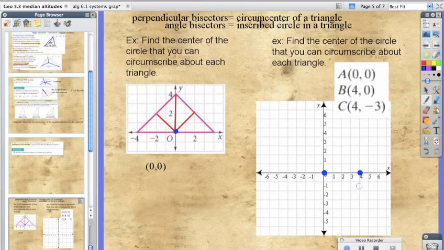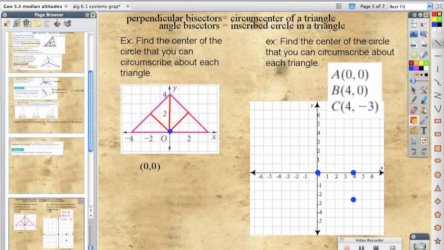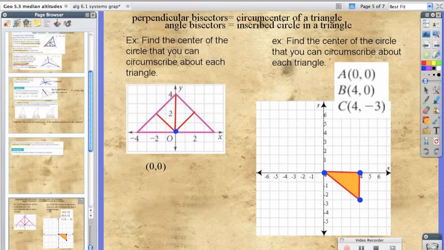So 4, negative 3. So now we're going to create a quick triangle. Now we're going to create the perpendicular bisectors.